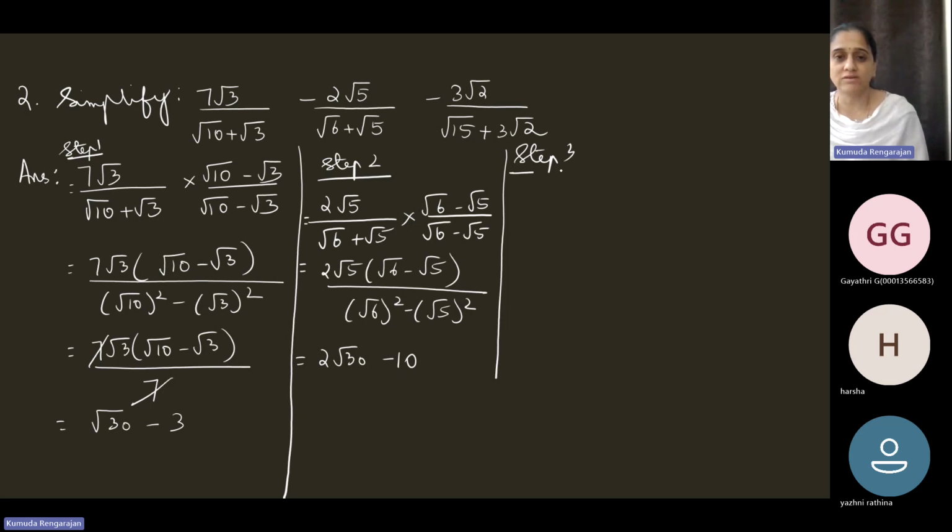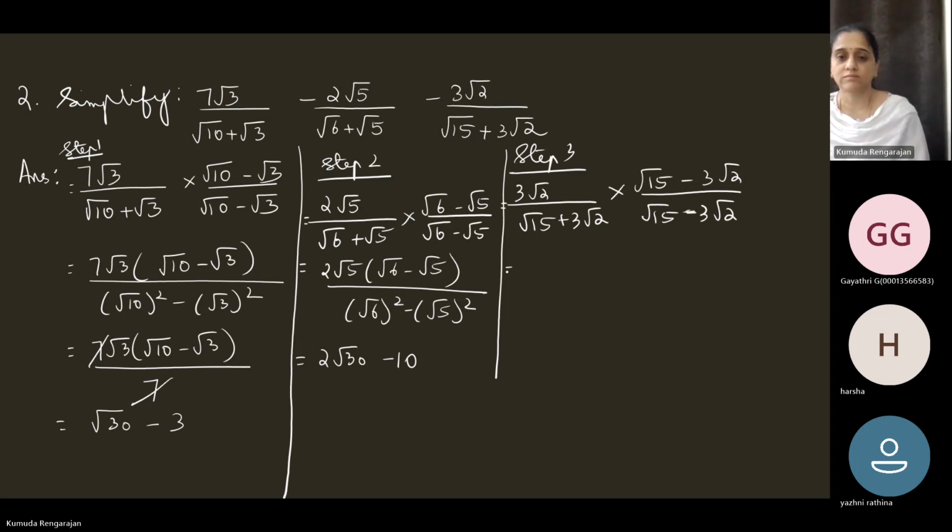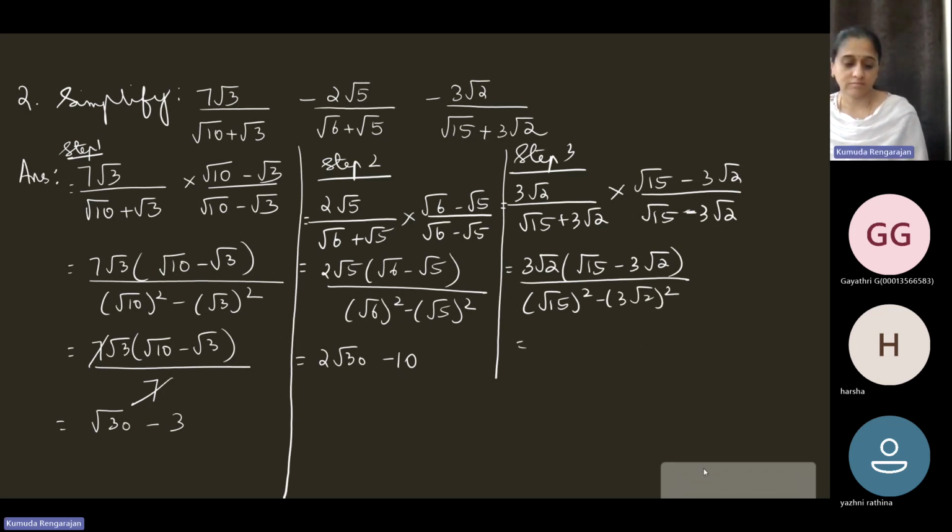One second, I'll just come there. 3 root 2 by root 15 plus 3 root 2. Then it is minus 30 plus 4 minus 2.